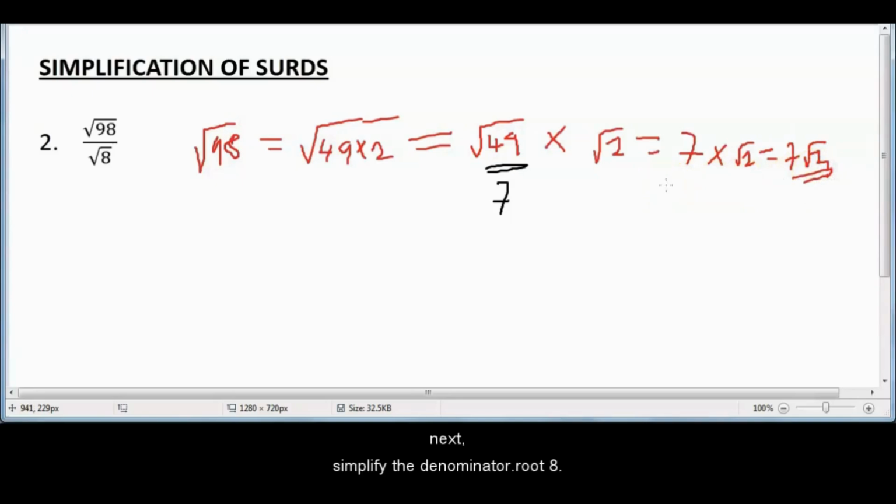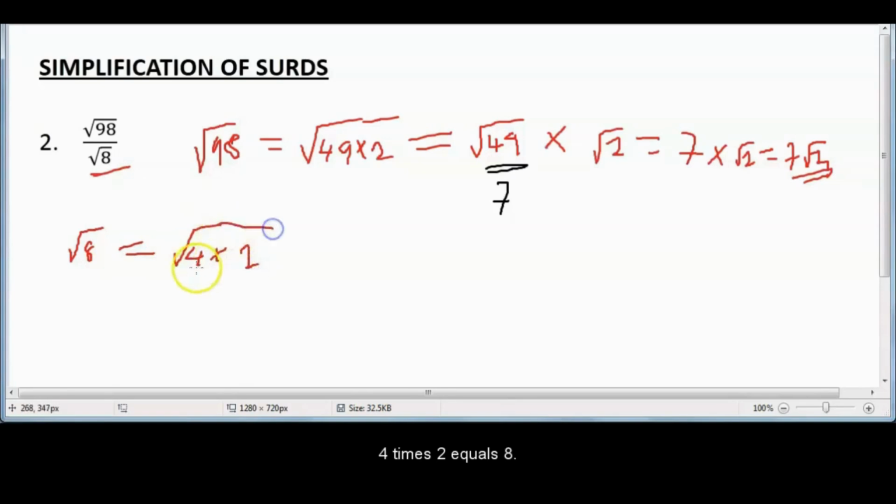Next, we simplify the denominator, root 8. Root 8 is root of 4 times 2. 4 times 2 equals 8, which then becomes root of 4 times root 2.